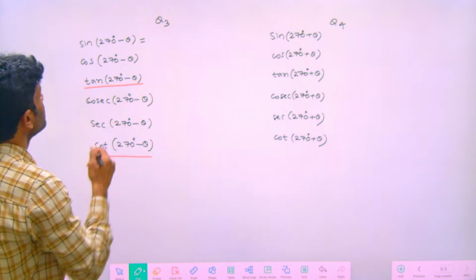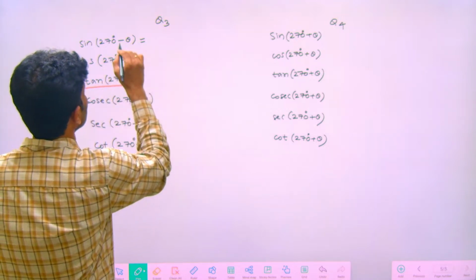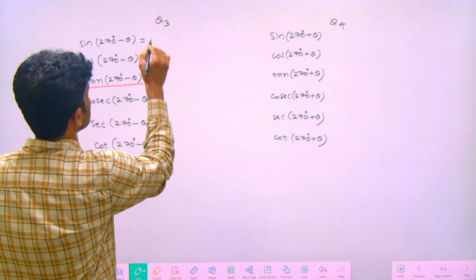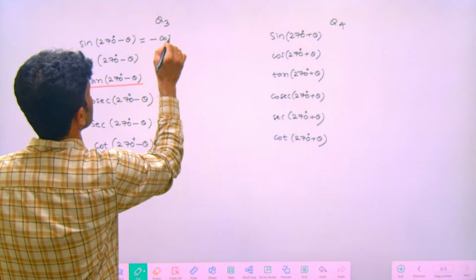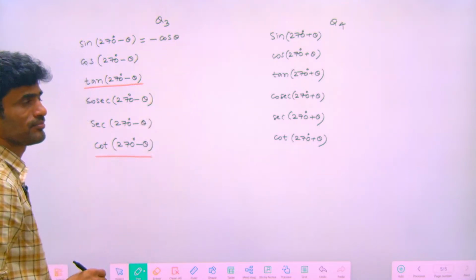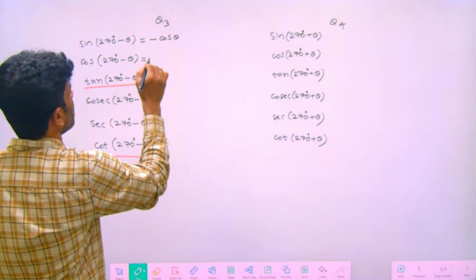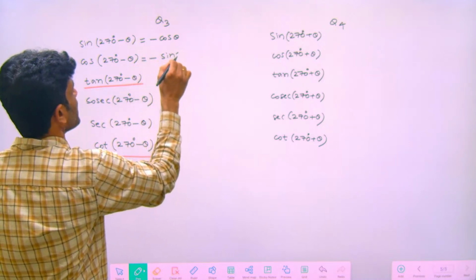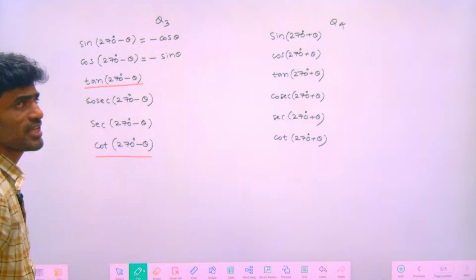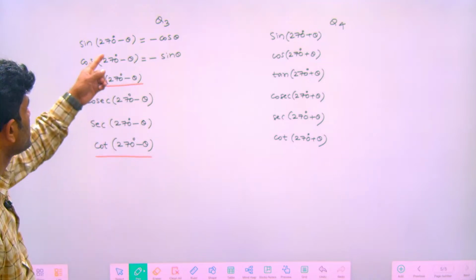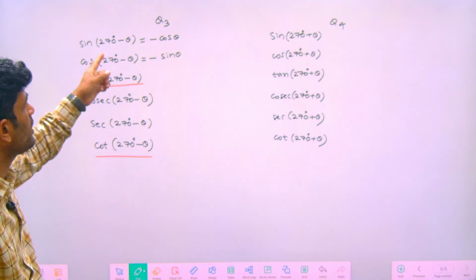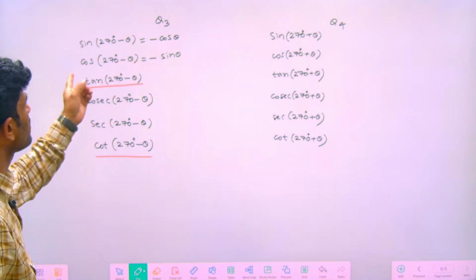Okay, so sine will be changed to cos, so it is minus cos theta. This is minus sin theta because it is in Q3, sine and cos are negative, and because it is 270 degrees, an odd multiple of 90, sine will be changed to cos, cos will be changed to sine.